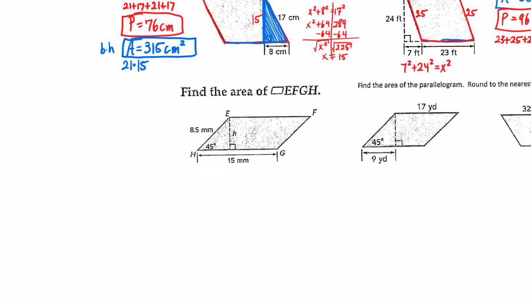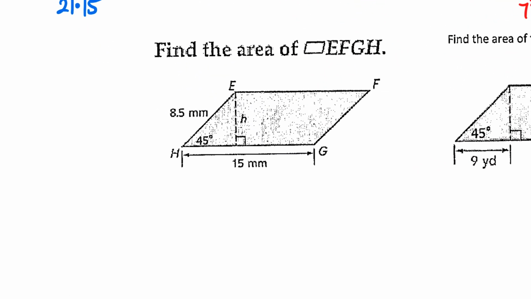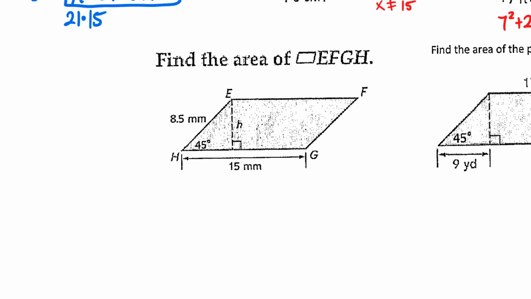All right, so let's drop down here. This is going to be one of the homeworks. On this one, we're just looking for the area. So what's the base of this parallelogram? 15. The base is 15. Now I need the height right here. If you notice, we have a 45, 45, 90 triangle.